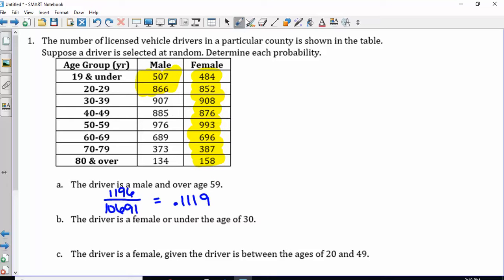So I don't have to use the formula. I can just go through and add up everybody I'm interested in. So that gives me what? 6,728 out of 10,691, which is 0.629.